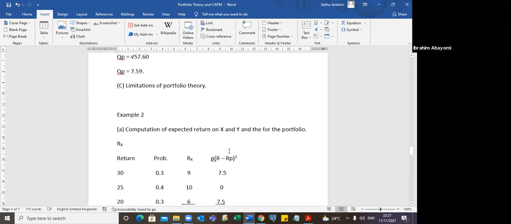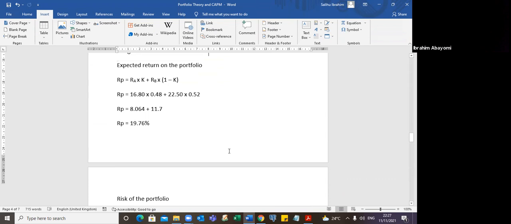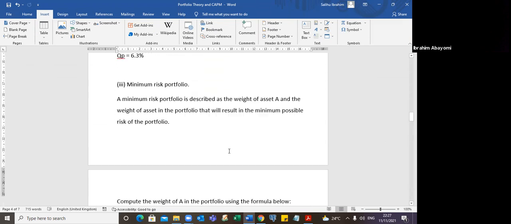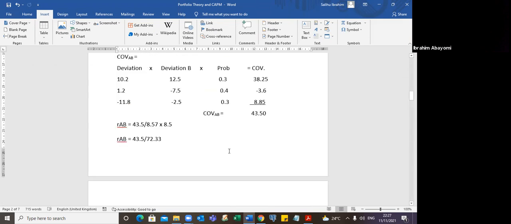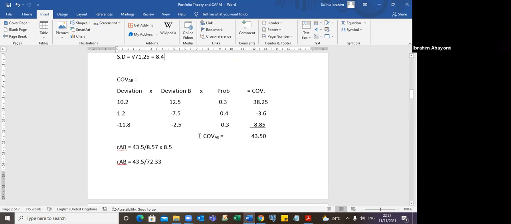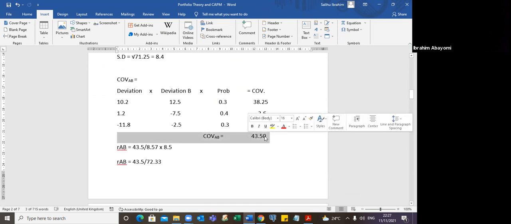Where do you have that covariance? You can see covariance, but this covariance here is not covariance with the market. It's covariance of the two investments. Do you understand?